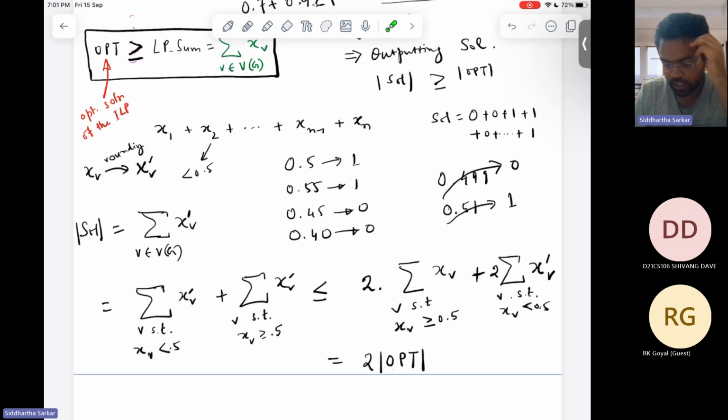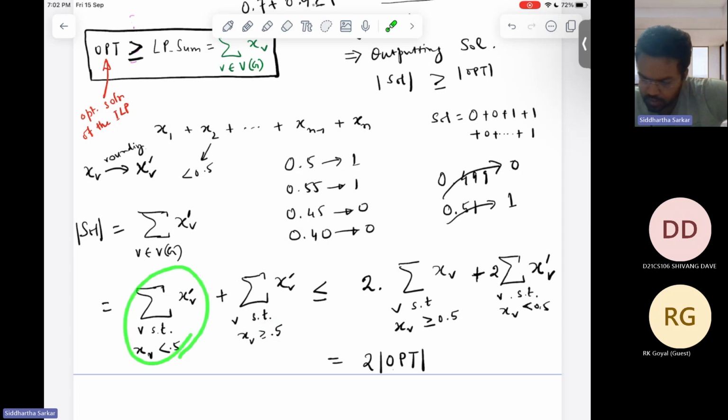Now we partition this summation into two parts. In one part, we are considering those variables for which the original fractional solution assigned by the LP solver was less than 0.5. On the other sum, we have those variables for which the LP solver assigned a value greater than or equal to 0.5.